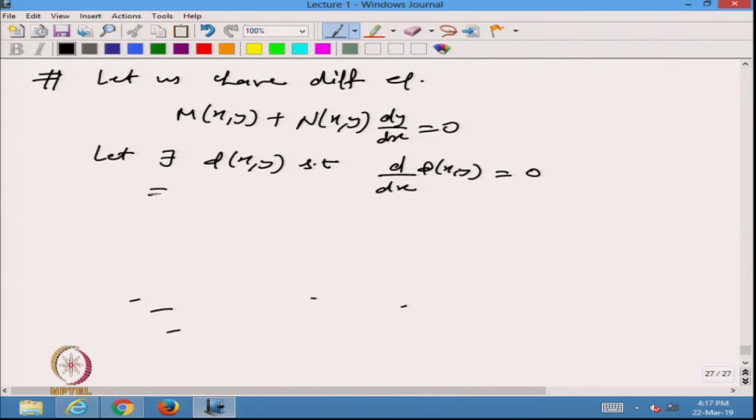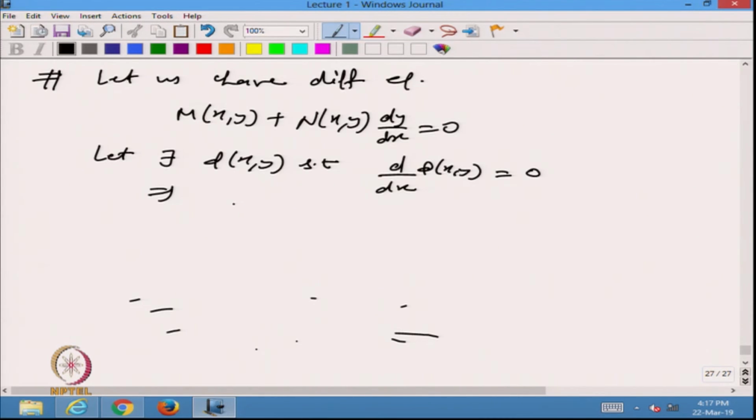So, from here I take the derivative of this one. So, this is a total derivative. I know this derivative can be written as d phi by dx plus d phi by dy, because it is a partial derivative, I should write the partial form.